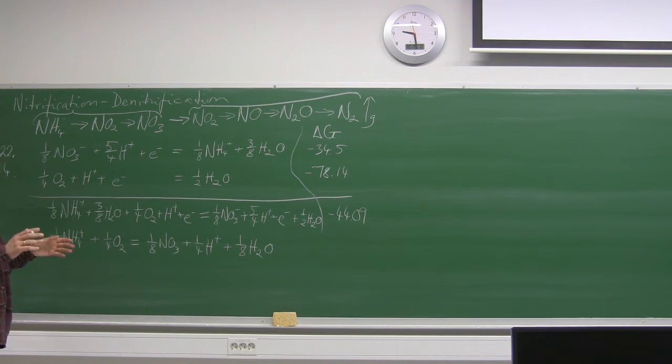Well, one way of classifying is depending on what kind of electron acceptor they're using. And what's the electron acceptor? Oxygen. And what do we call organisms that rely on oxygen? Aerobic. So these are aerobic organisms.